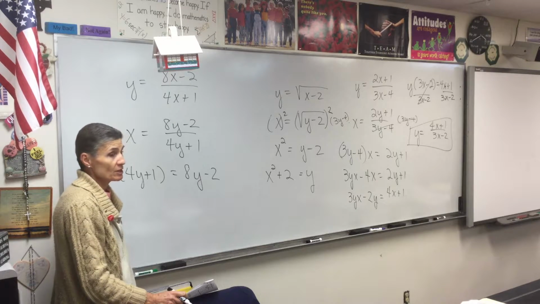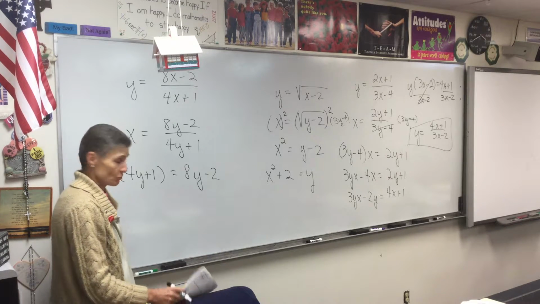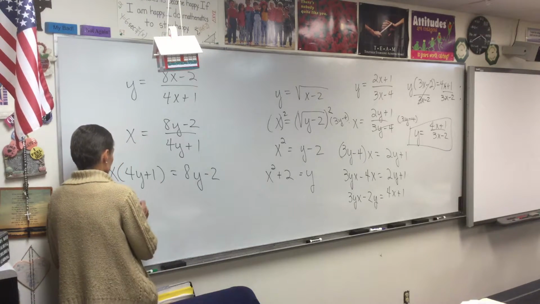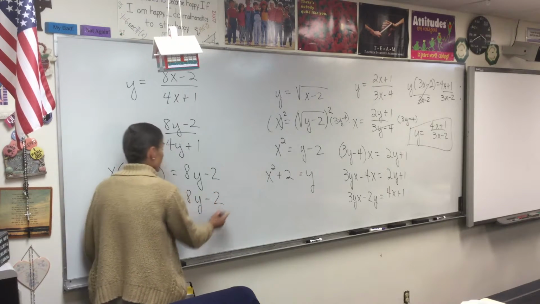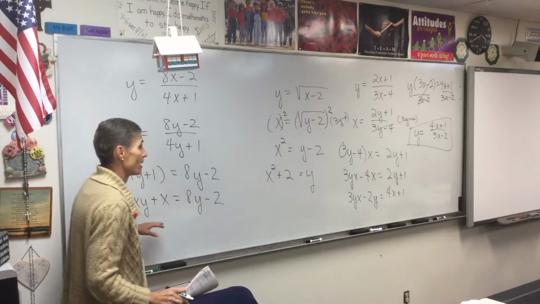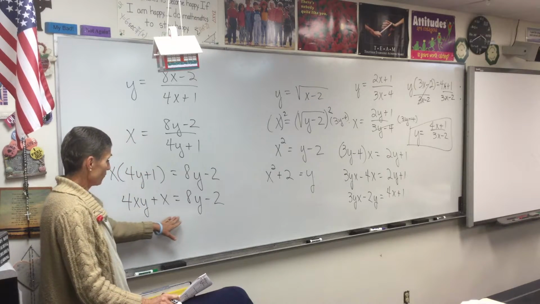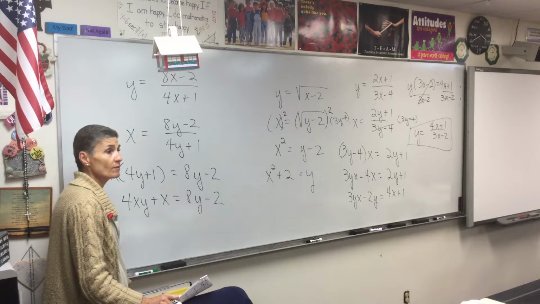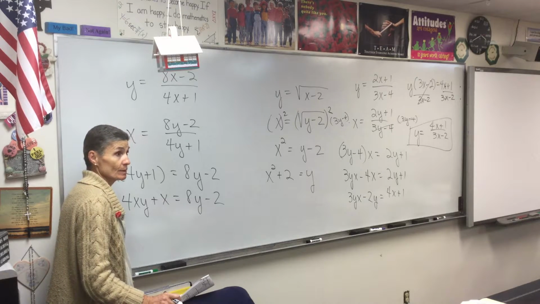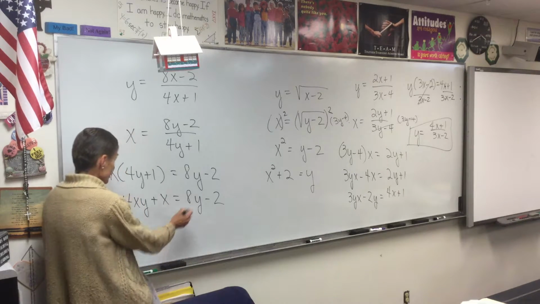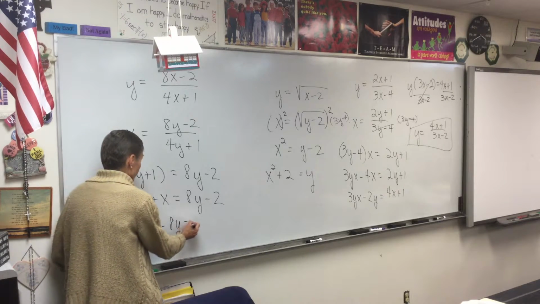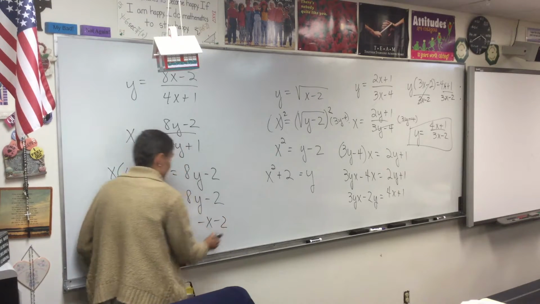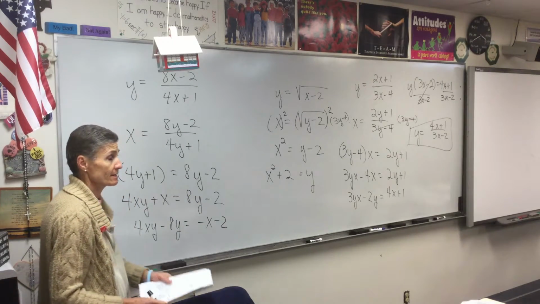We're not ready to rearrange. First, we need to distribute. And then, Clayton, you are exactly right. Then we have this key step. If we want to solve for y, we got to get them all on the same side. So we're going to do some rearranging. So I'll bring my 8y over and my x over here. Watch your minuses.